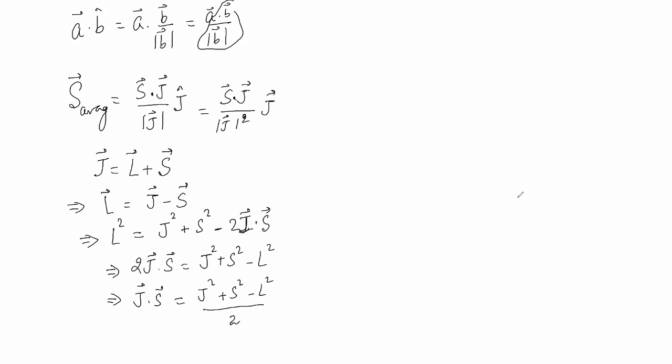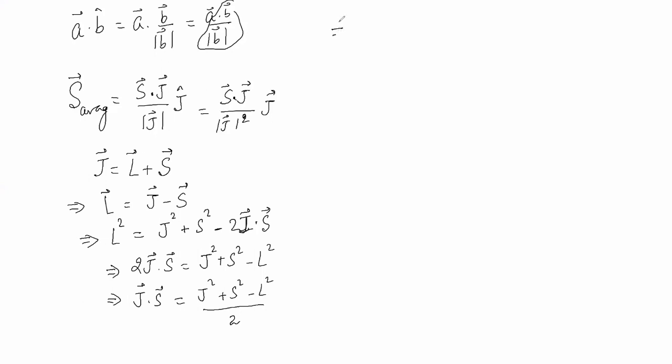Now we know that J square, when it operates on psi, gives the eigenvalue J(J+1) h cross square psi. Similarly, S square gives S(S+1) h cross square, and L square gives L(L+1) h cross square.